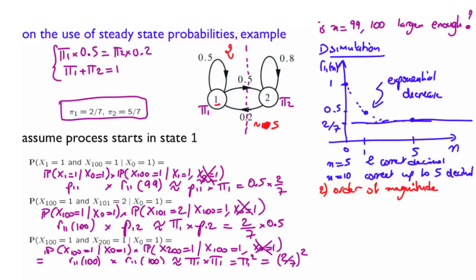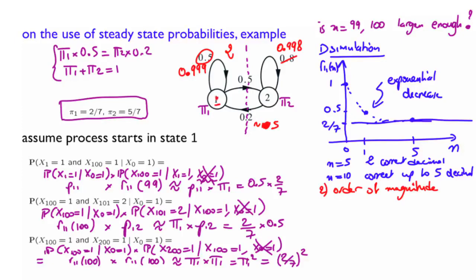Now this kind of calculation is useful in general, not just here. So for example, let's do it again. Assume that instead of 0.5 here, the probability was 0.99, and maybe here instead of 0.8 it was 0.998.